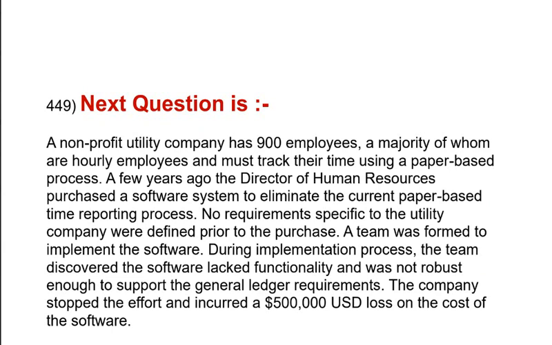No requirements specific to the utility company were defined prior to the purchase. A team was formed to implement the software. During implementation, the team discovered the software lacked functionality and was not robust enough to support the general ledger requirements. The company stopped the effort and incurred a $5 lakh USD loss on the cost of the software.